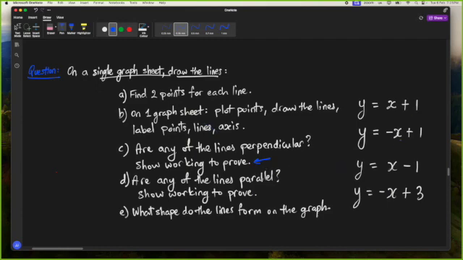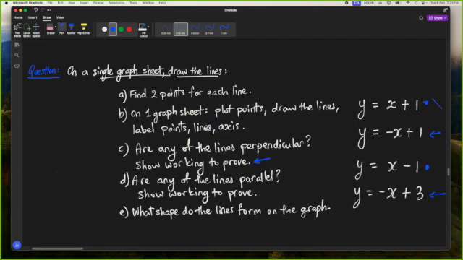I could watch these lines and I could immediately tell which lines are perpendicular and which lines are parallel. I could tell that this line and this line are both parallel. I could tell that this line and this line are both parallel.